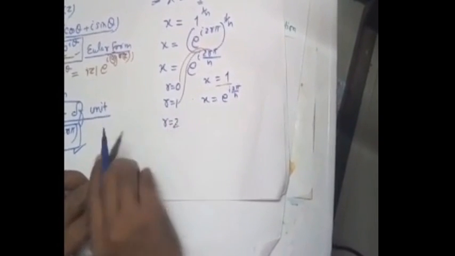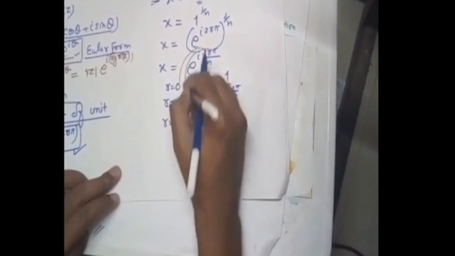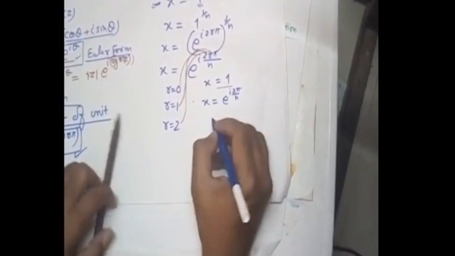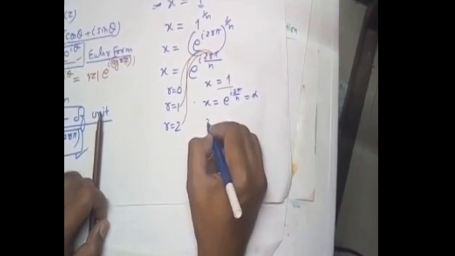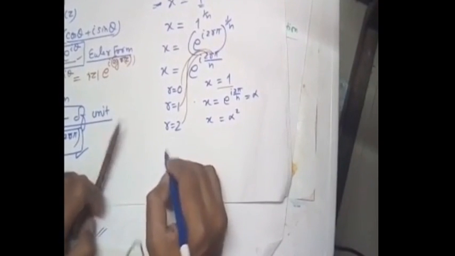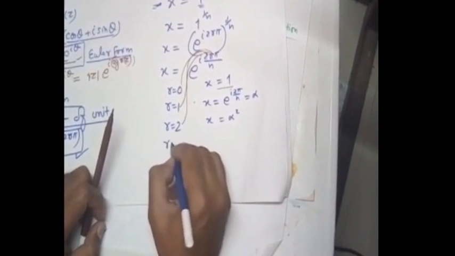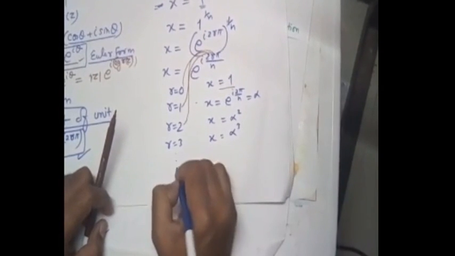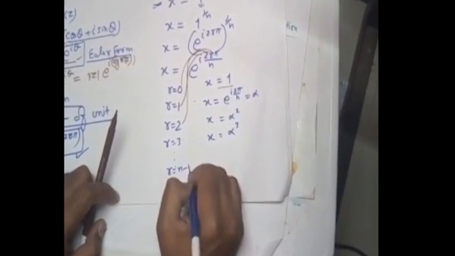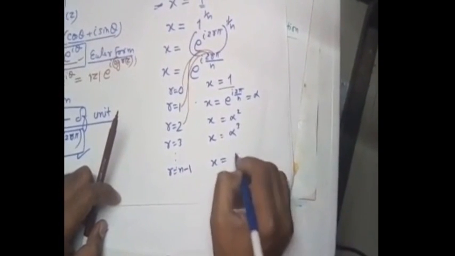When we put r is equal to 2, suppose this is equal to alpha, then it will be alpha square. Similarly, r is equal to 3, then x is equal to alpha cube, and so on, up to r is equal to n minus 1.